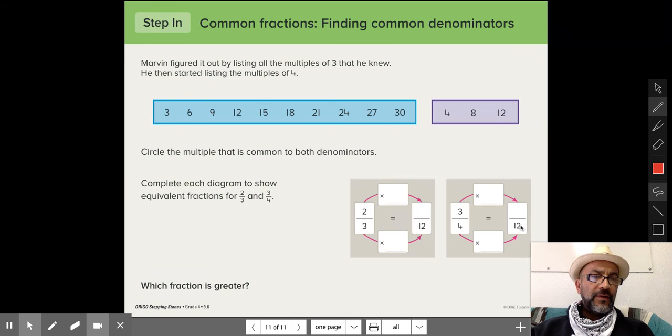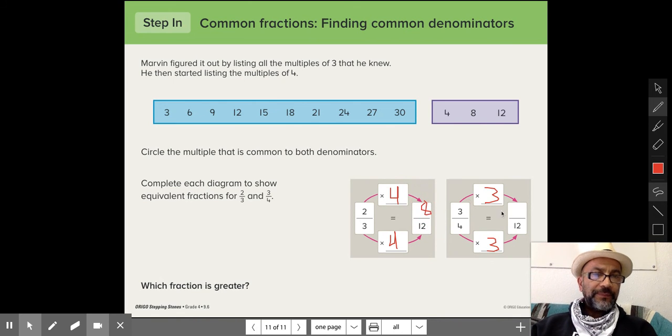The common denominator of 3/4 over here is 12. And then that's what they did. 3 times 4 is 12, and whatever you do at the bottom, you do at the top. Over here, it's 4 times 3 is 12. Whatever you do at the bottom, you do the top. And then you find out your answer is 8 over here and 9 over here. You got it? That's how you're going to do the rest of them.